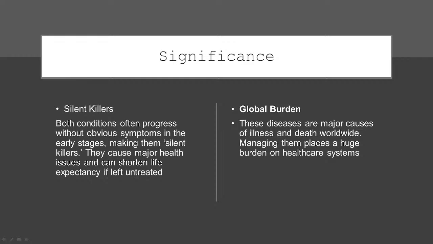So we say both conditions, diabetes and pressure, are silent killers. If we don't identify them early, it will just come right upon us. Especially because we cannot identify it, we don't know how to treat it, and we leave it, and then it does to the body all that it needs to do.